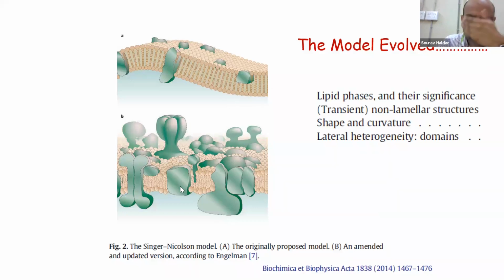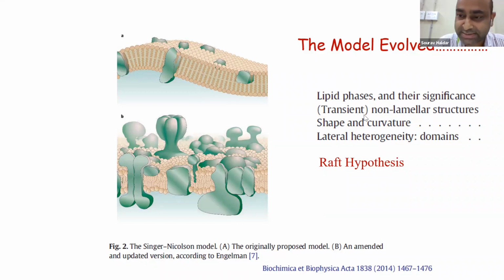In such a crowded situation, one protein will definitely influence the function of another protein, and most importantly, lipids will influence the function of membrane proteins. Although the fluid mosaic model was able to explain many features, some features arising because of this molecular crowding could not be explained. So that's why the model is ever evolving.